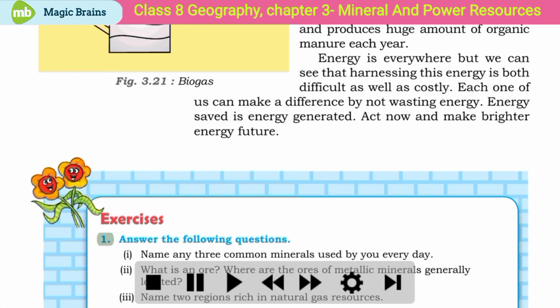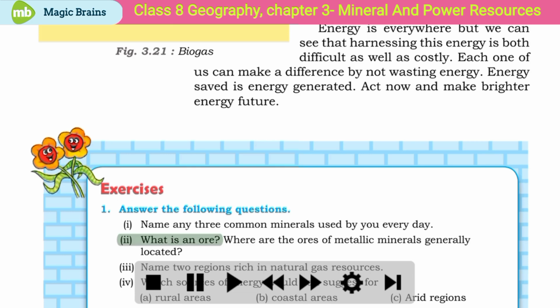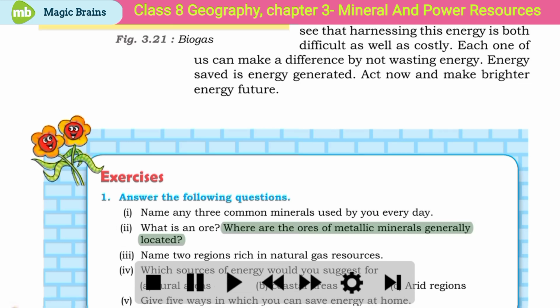Exercises. Number 1. Answer the questions given here. Number 1. Name any 3 common minerals used by you every day. Number 2. What is an ore? Where are the ores of metallic minerals generally located? Number 3.